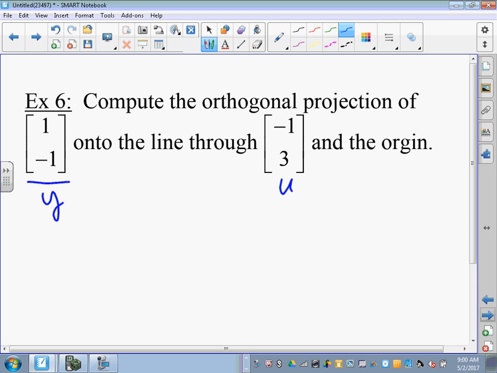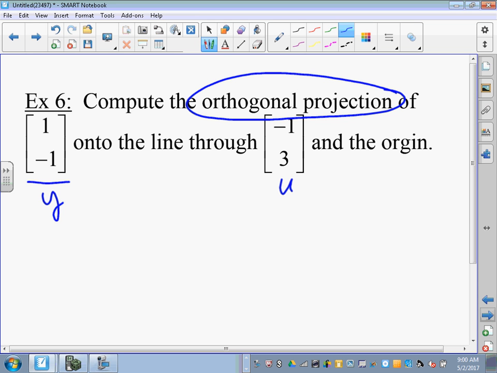And we also have the origin. So what do we need to find? Yeah, we need to find z. But if I just want the orthogonal projection, what are we looking for?